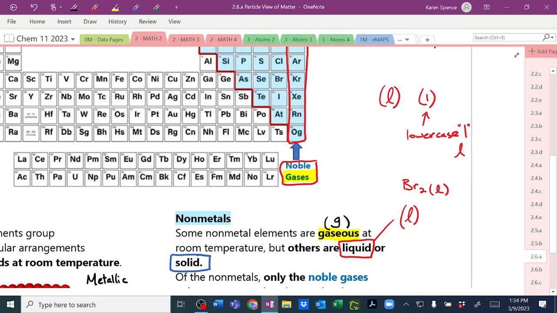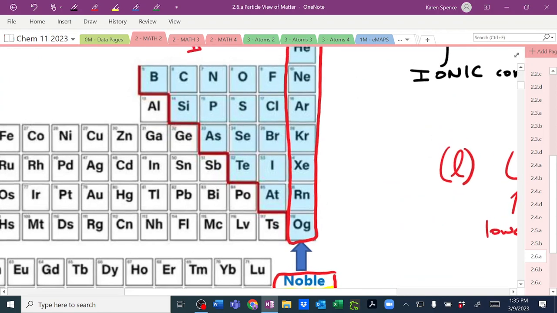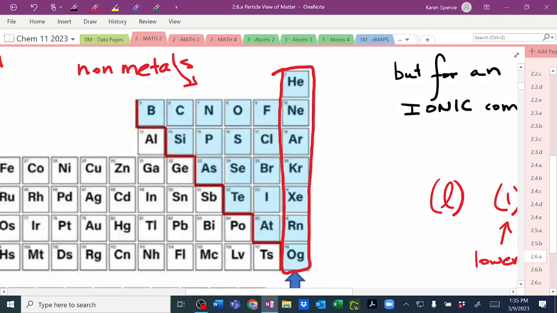All right, so on your periodic table, I would like you to look around and see if you can find a non-metal that is a solid, something that you recognize as being a solid. In fact, you could even look at this periodic table here if you don't have any that you can see.